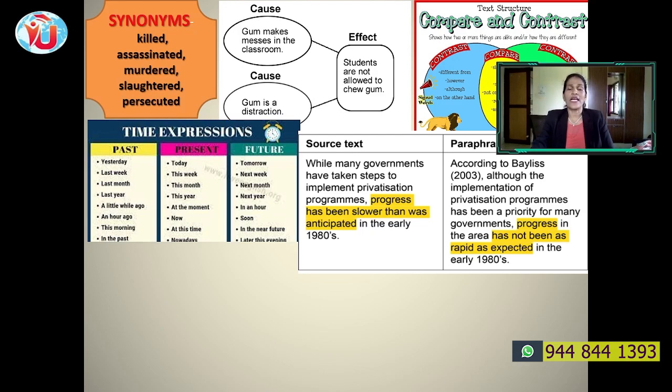It's understood. Rapid is faster, but if they say "not", it gives a similar opinion, not a contrast. Both give the similar answer. There is no difference in the text. So this is what paraphrase is.